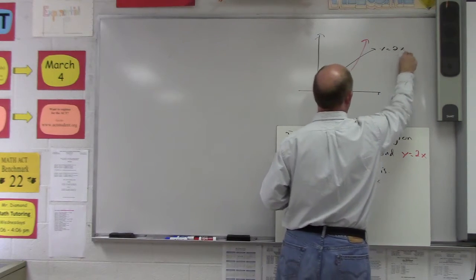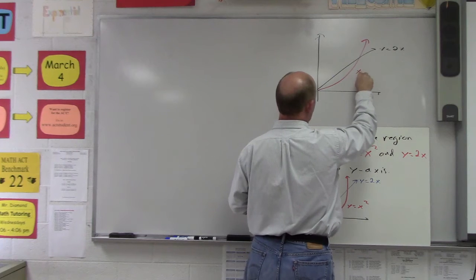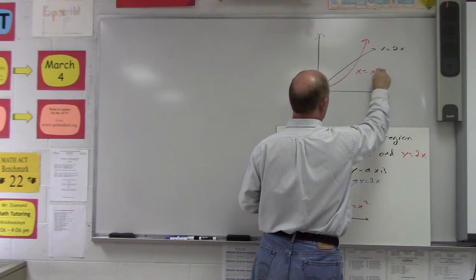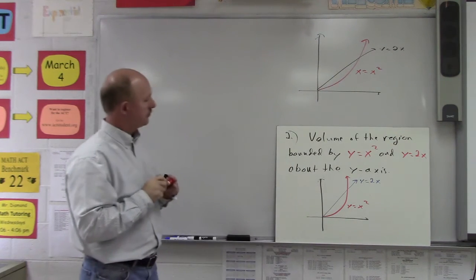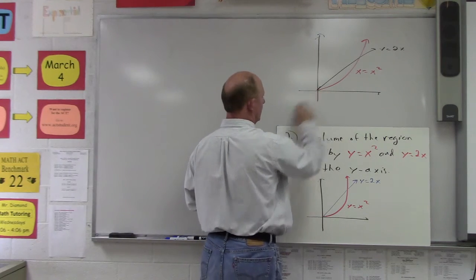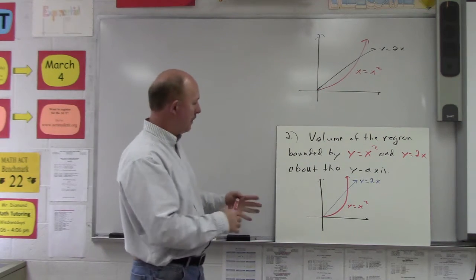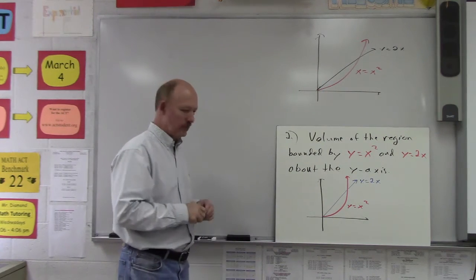So y equals 2x, and the bottom function here will be y equals x squared. So we'll write that down. We're going to revolve this region about the y-axis, all right, so about our y-axis.